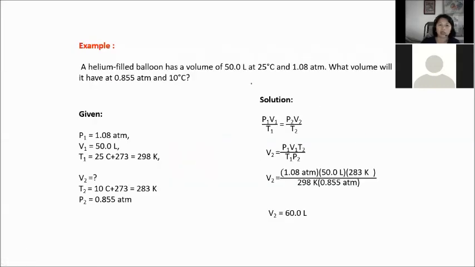Okay, let us analyze the problem. A helium-filled balloon has a volume of 50 liters, that's V1, at 25 Celsius, T1, and 1.08 atm, that's P1. What volume, so unknown V2, will it have at P2, 0.855 atmosphere, and T2, 10 degrees Celsius.